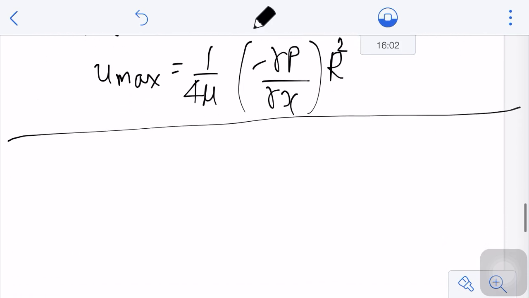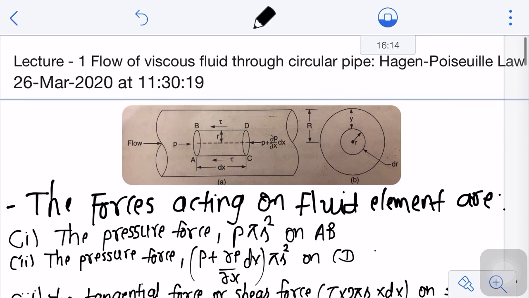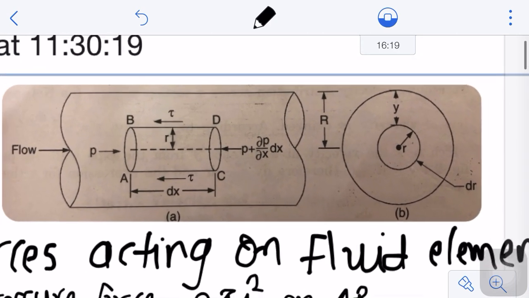Now we'll try to find out the average velocity. The average velocity is generally obtained by dividing the discharge of fluid across the section by the area of the pipe. So we will look at this figure again to understand more about this average velocity.